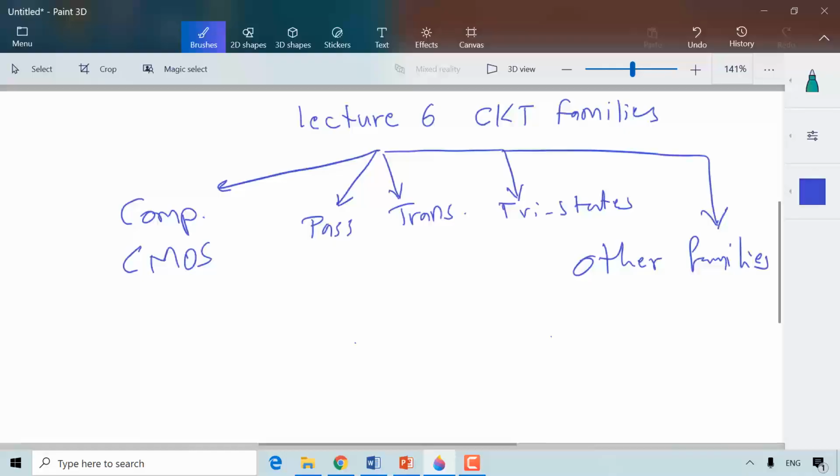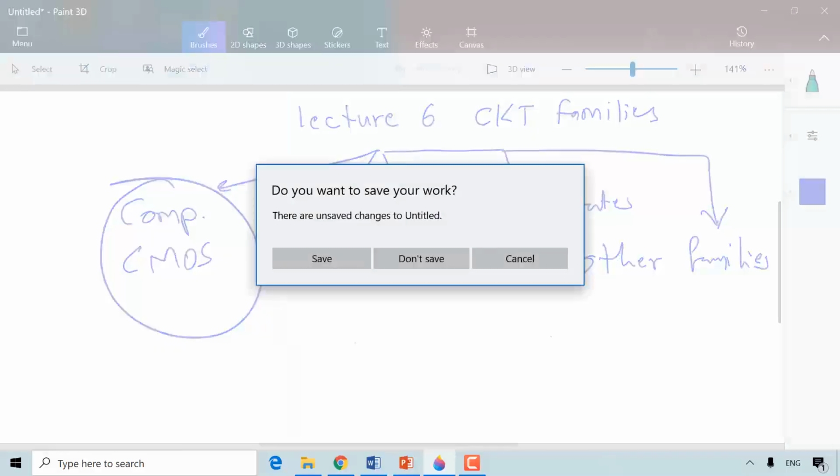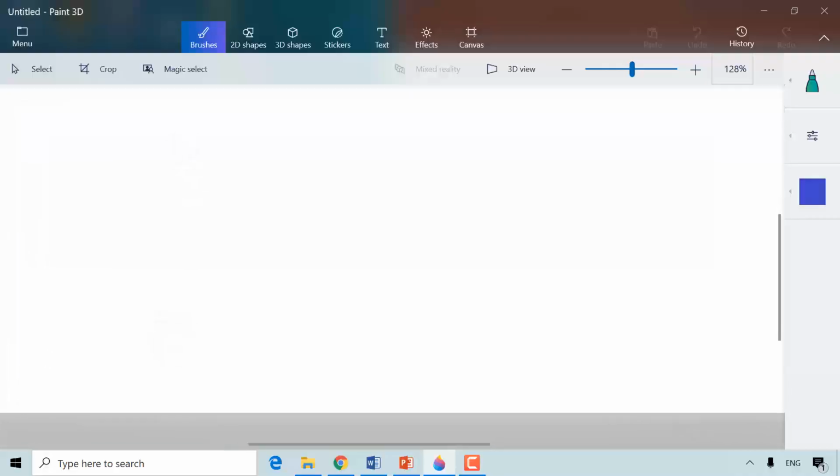Okay, so let's start with the very first thing, which is complementary CMOS. What do we mean by that? These types of circuits, complementary CMOS, in general include two networks: a PMOS network and an NMOS network.